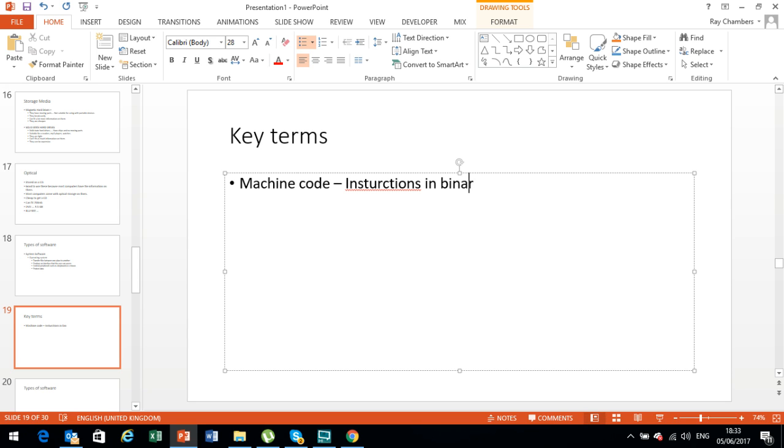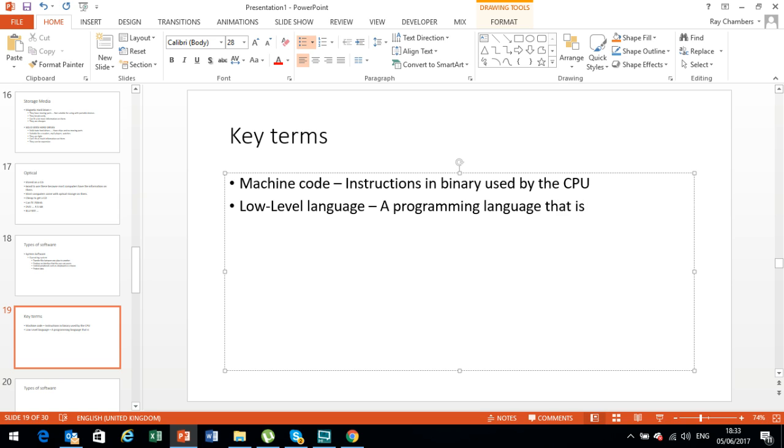Instructions in binary used by the CPU. This is a low-level language, a programming language that is directed at controlling each machine operation.